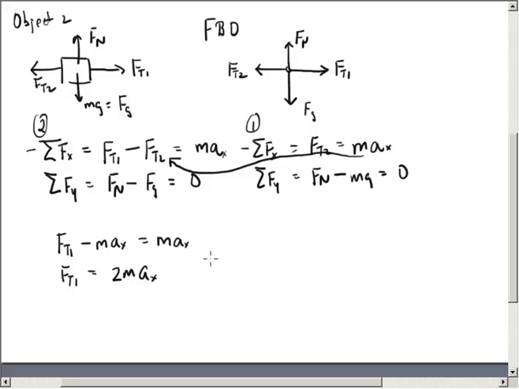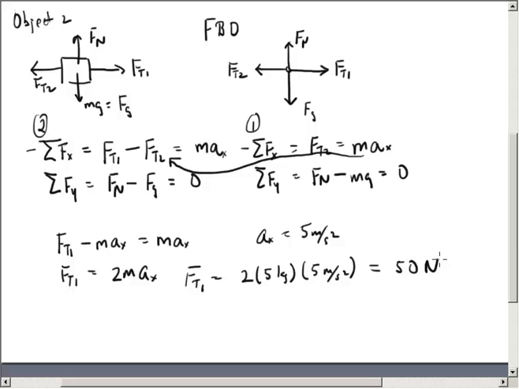Now if a is 5 meters per second squared, then Ft1 is equal to 2 times 5 kilograms times 5 meters per second squared, or equal to 50 Newtons.